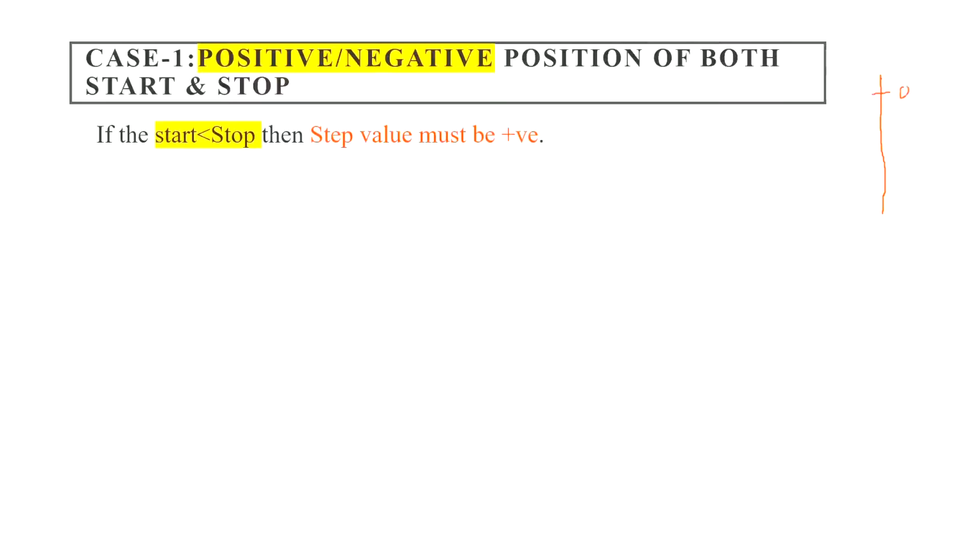First, positive: 0, 1, 2, 3, 4, 5. In negative, it is minus 1, minus 2, minus 3, minus 4, minus 5, and minus 6. Like this, as I said in the previous slide also. So if the start position is here, suppose 1.